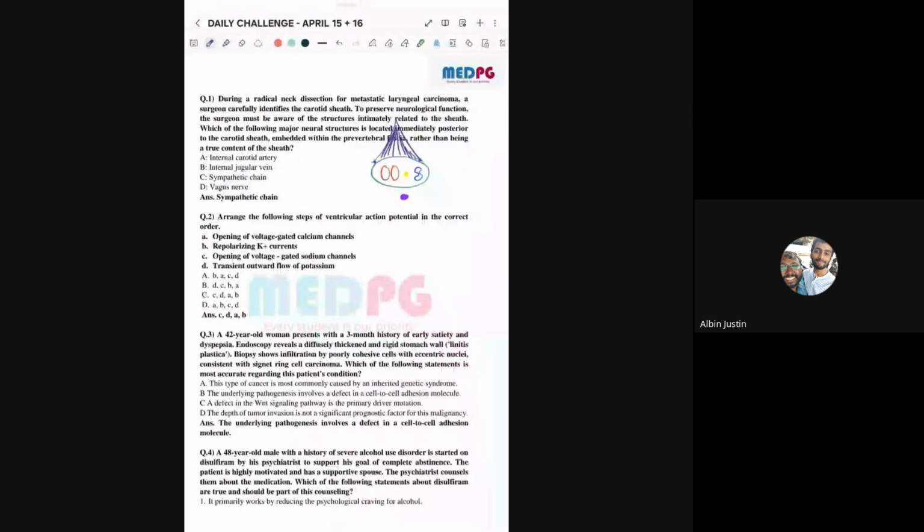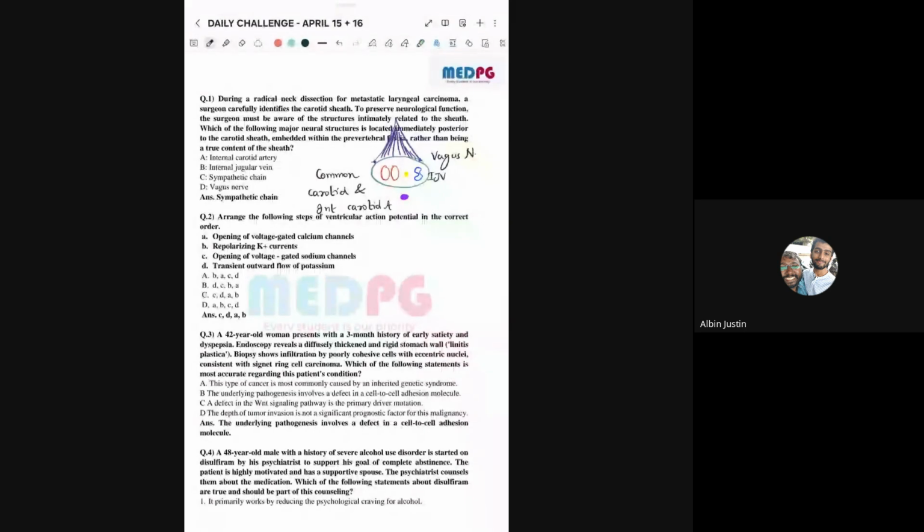So what are these actually? These are the common carotid and the internal carotid artery, the vagus nerve, and the IJ.